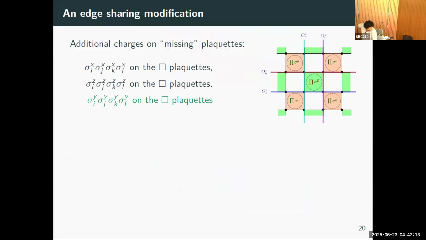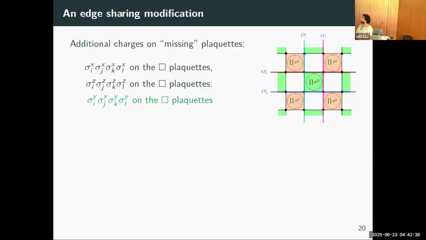However, there's a different modification which is kind of nice and also natural. So in this construction, we had been focusing from the energetics point of view on these plaquettes. But there are these missing plaquettes actually, which also host some conserved quantities.